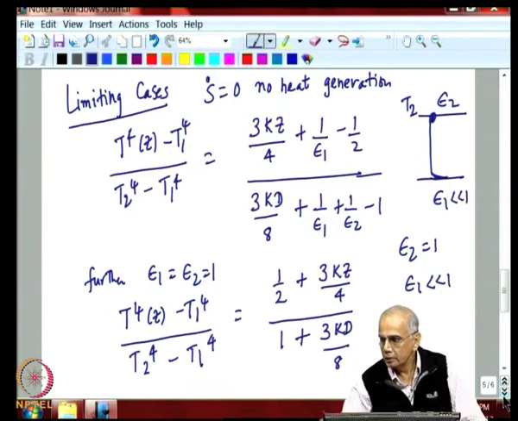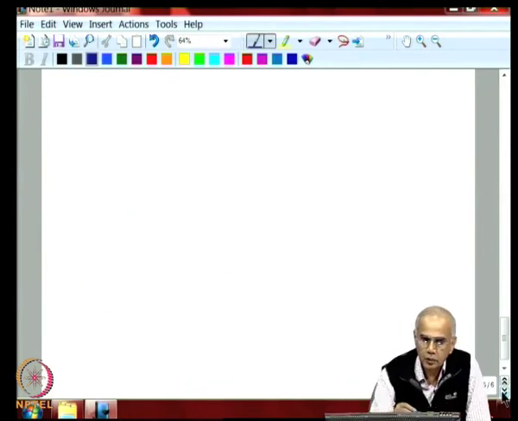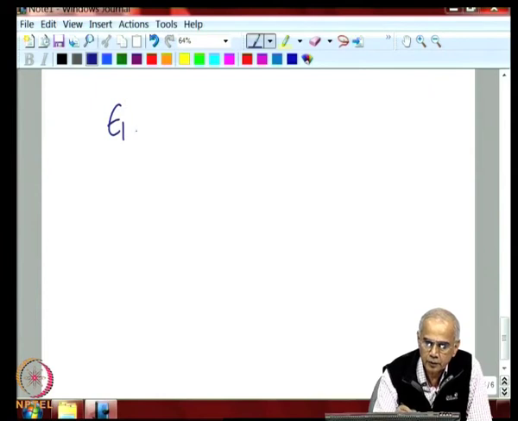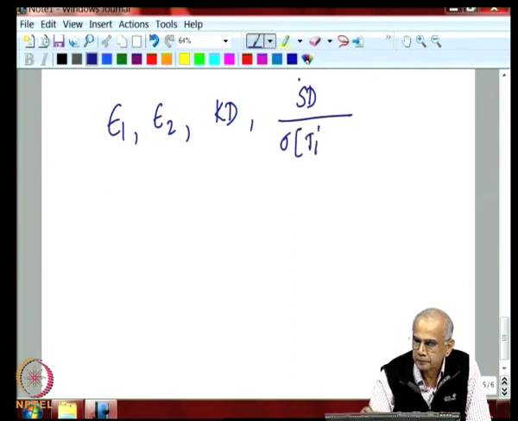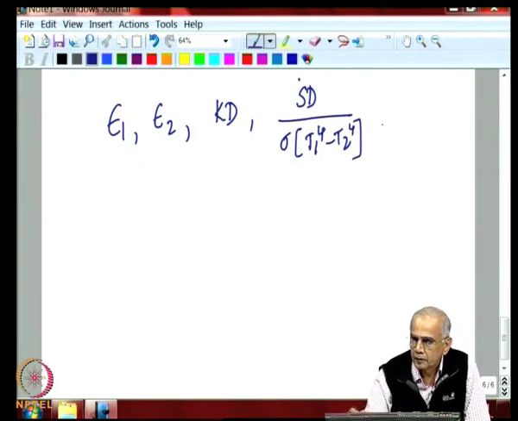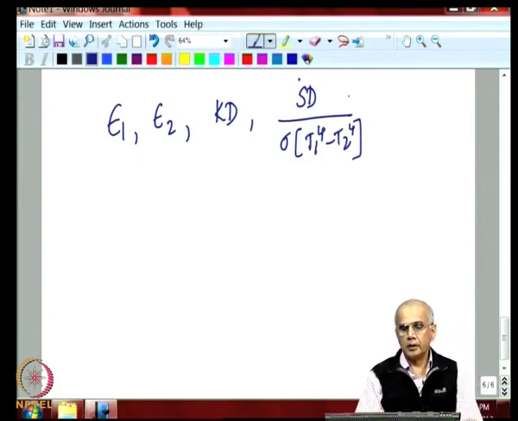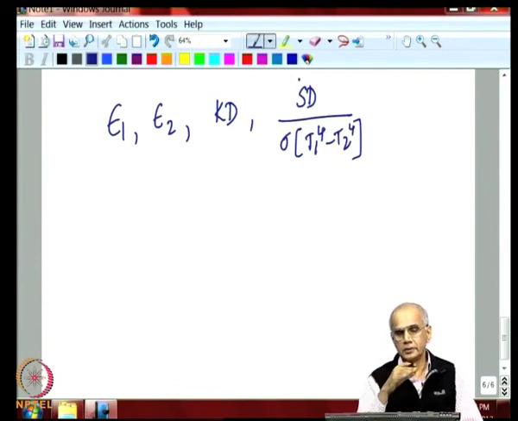The 4 parameters are the emissivity of wall 1, the emissivity of wall 2, the optical depth, and the relative importance of the heat source.